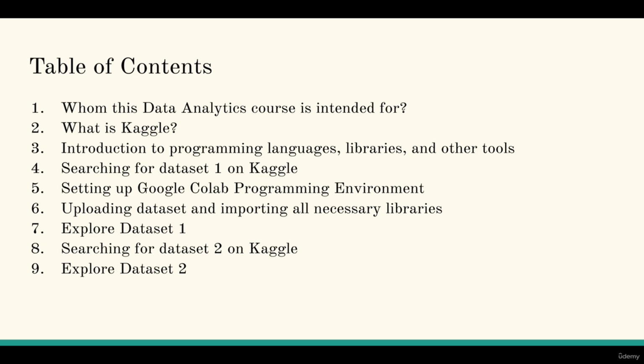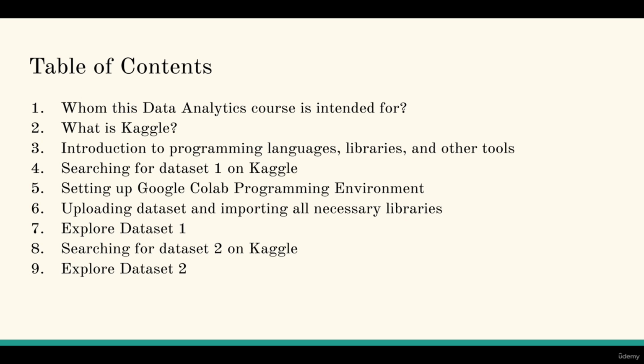The next one will be uploading datasets and importing all necessary libraries. Once you've downloaded the datasets from Kaggle, what we're gonna be doing next is simply to upload your datasets on Google Colab Python IDE. Then point seven, we're gonna be performing statistical analysis or data analysis on dataset one.